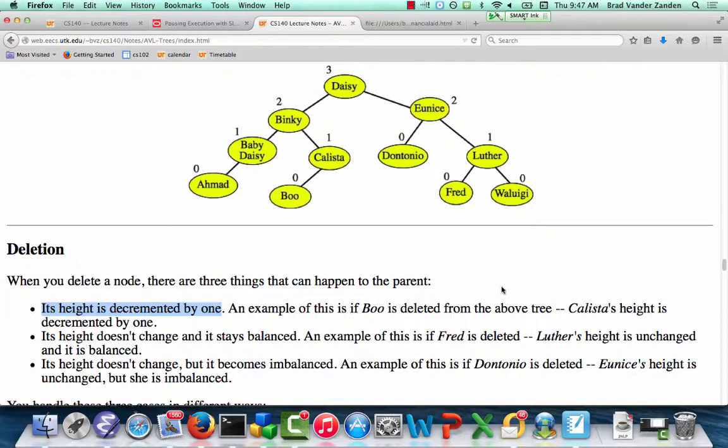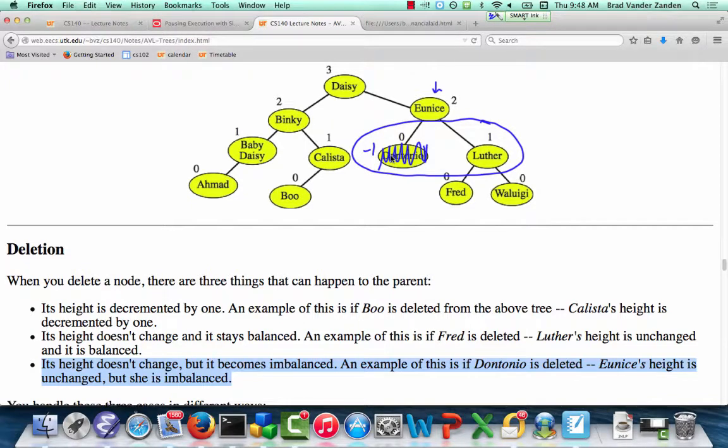And then we have the situation where the height doesn't change, but it becomes imbalanced. Okay? So if we delete D'Antonio here, then even though the height of the parent, Eunice, does not change, it becomes imbalanced, because with no child, the height of its left subtree becomes -1.